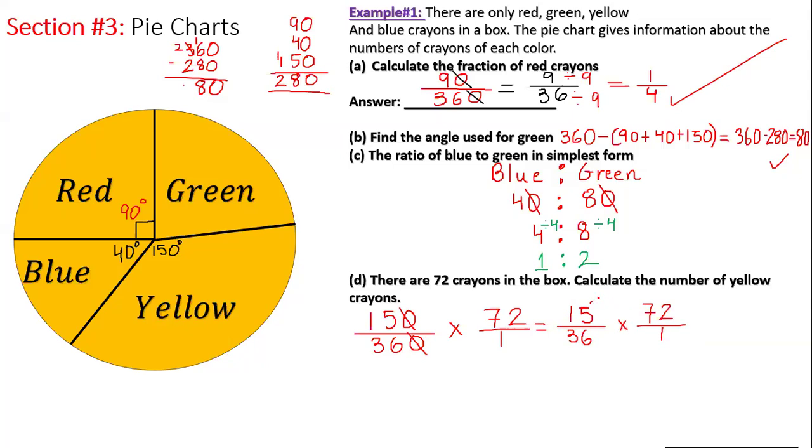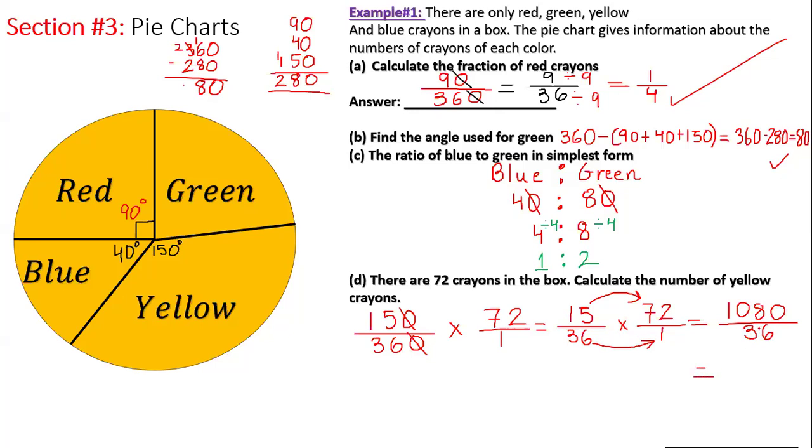Then we multiply the 15 times the 72 and the 36 times the 1. And 15 times 72 is what? 1080. So we have 1080 divided by 36 times 1, which is 36.